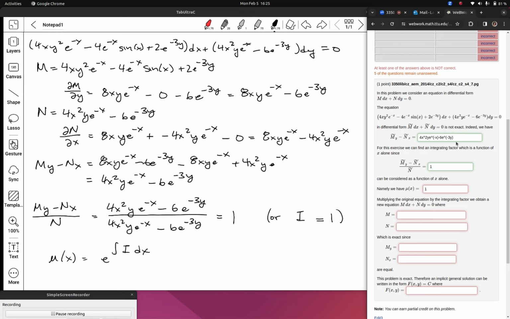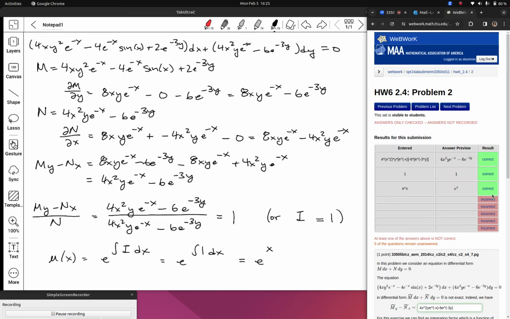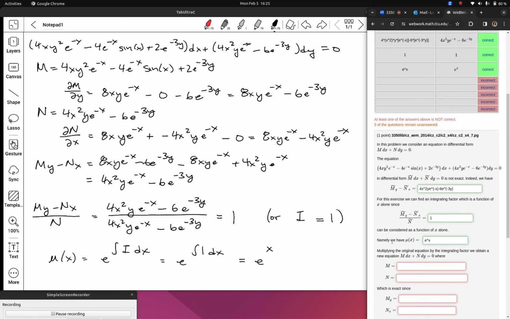But in order to get your integrating factor, you integrate whatever you got there and then put it to an exponential. So it's e to integral 1 with respect to x, or e to x. Which is what WebWork wanted in that step.